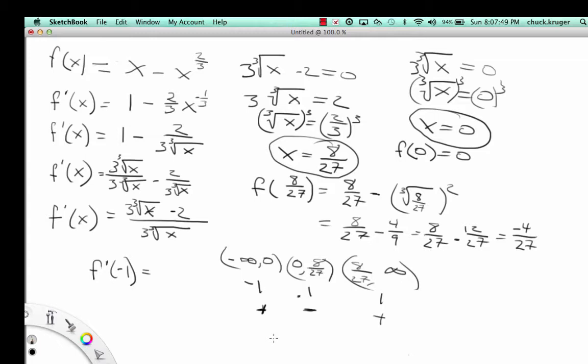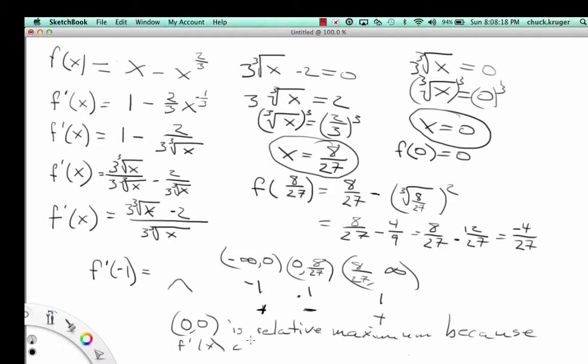So it means that at 0, 0, it's going from increasing to decreasing, so (0, 0) is a relative maximum, because f prime, the derivative, changes from positive to negative.